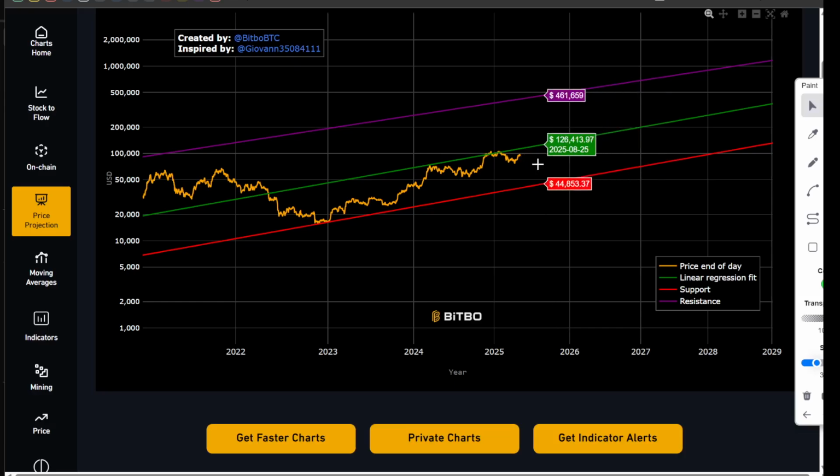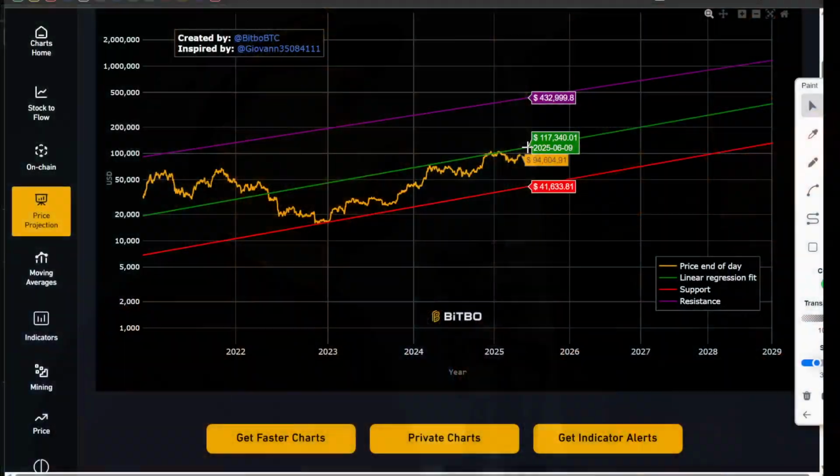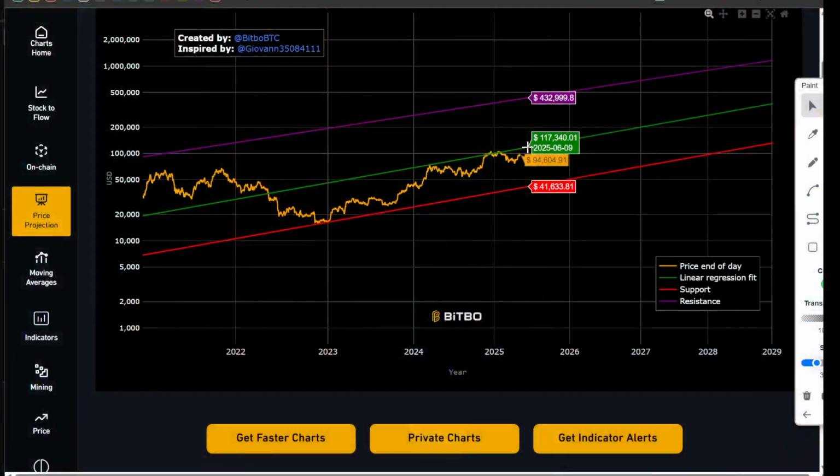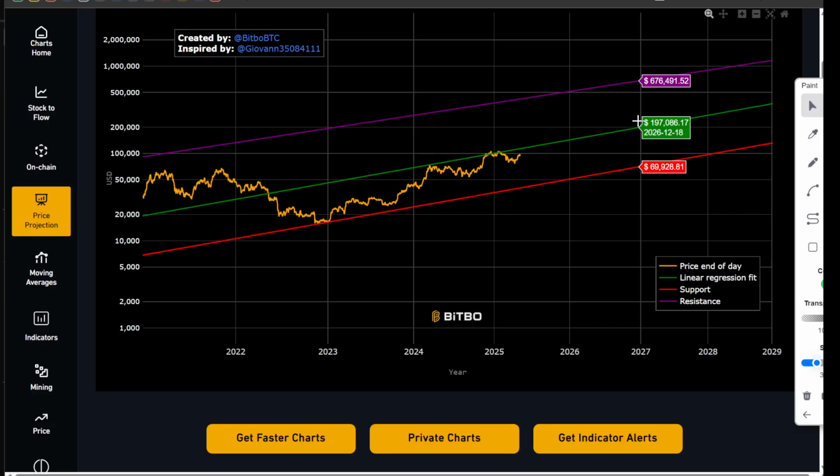So look at these different events. If Bitcoin peaked this year, look where fair value is: $117,000 right now. But look what happens to the fair value by the end of next year. It's not 117, it's 197,000.